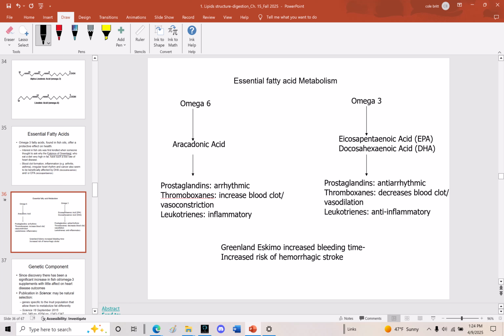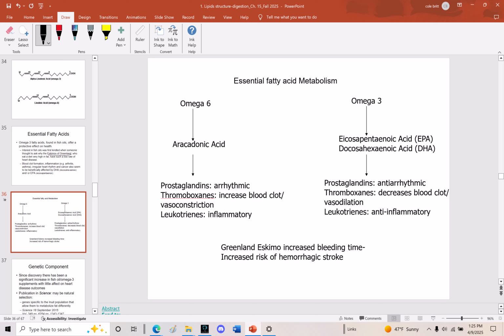So the thromboxanes made from arachidonic acid will enhance blood clotting, whereas the thromboxanes made from omega-3s, or EPA and DHA, are going to decrease blood clotting. So you can see how they are competing with each other, and that's why you don't want one or the other, you want a balance of both of them.